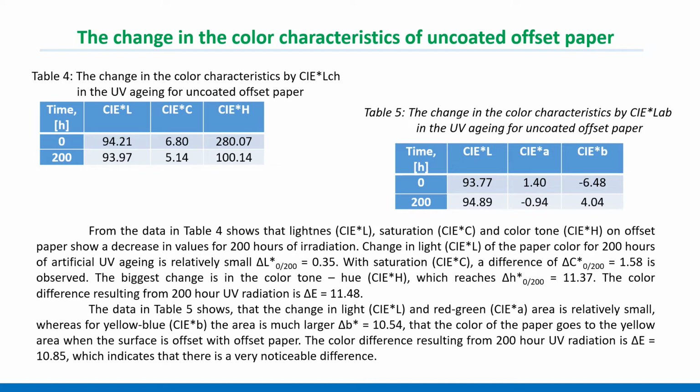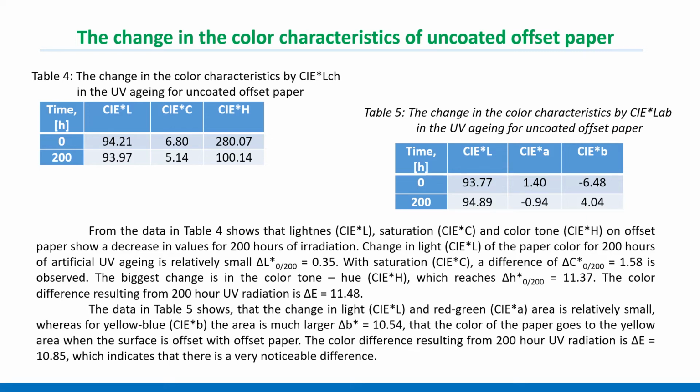On table 4 and table 5 you can see the differences in color coordinates expressed by LAB and LCH. We have made measurements, of course, and calculations in two color systems because some of the results can be interpreted better in LCH color system.